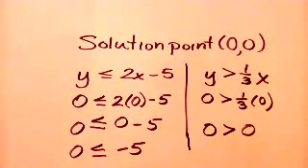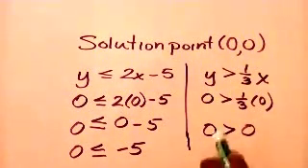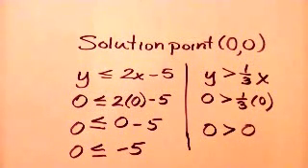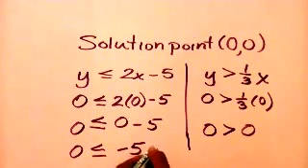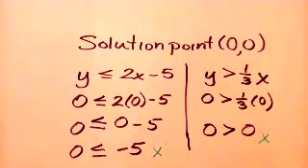Okay, let's check out and see what we have. Since 0, 0 was on this line, can 0 be greater than itself? Well, no, it can't be greater than itself. It can only be equal to itself. And then over here, is 0 less than or equal to negative 5? No, it's not. It's actually greater than. So because of this, this point does not fit the system. So it's not a solution point.